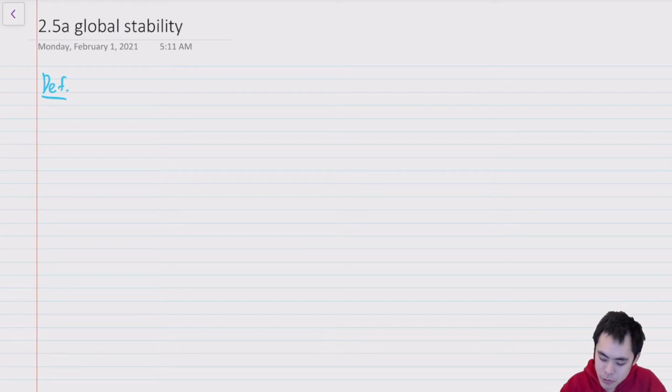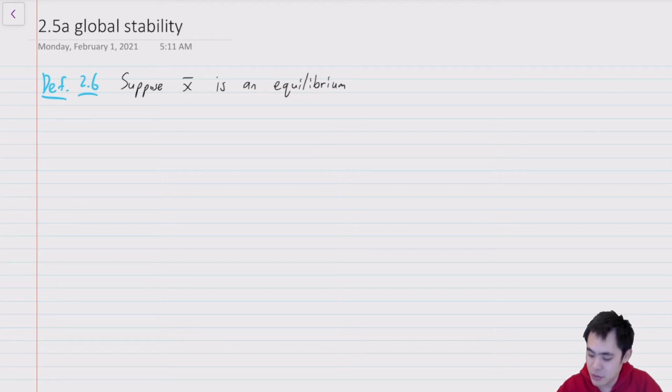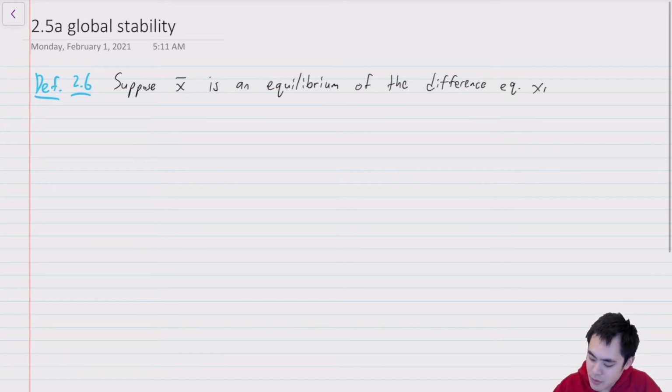So to make that a little bit more precise, let's suppose that x bar is an equilibrium of a first-order difference equation, nonlinear in general, x sub t plus 1 is equal to f of x sub t.